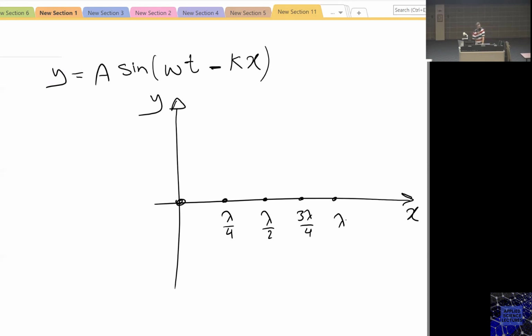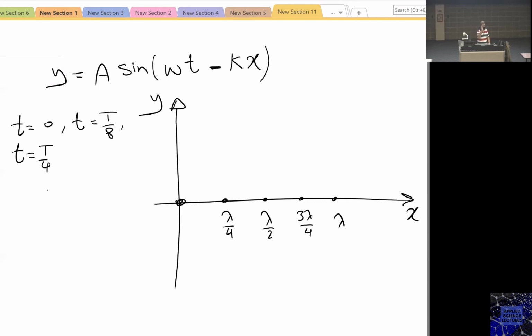I will start with t equals 0. The points that I will take are t equals 0, t equals T over 8, and t equals T over 4.